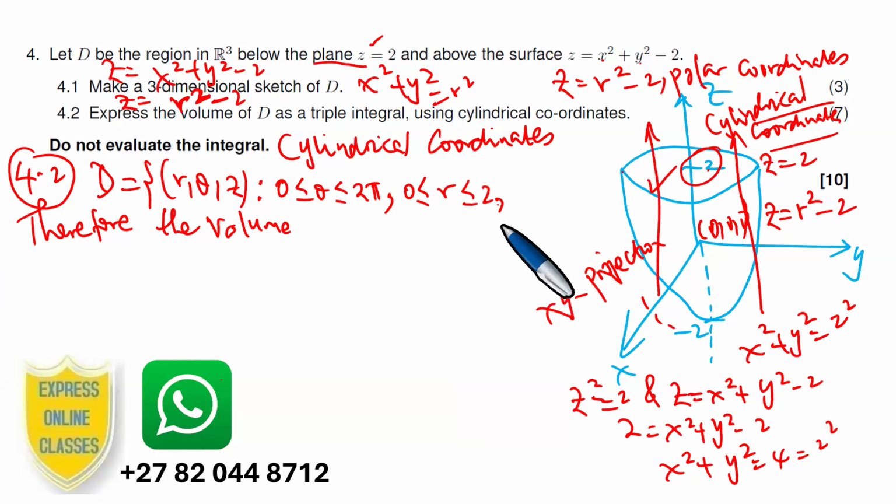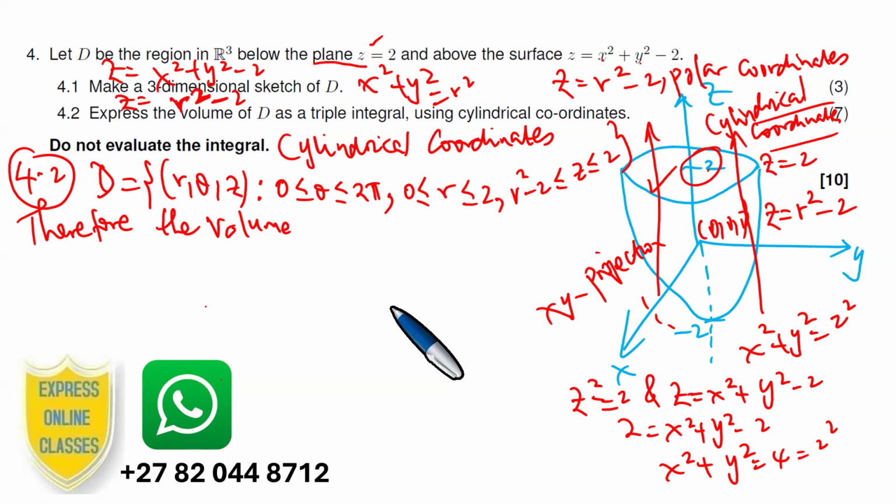So z is going to be at any point r squared minus 2 less or equal to z. But the highest point of z is z equals 2, which is the top part of the plane.